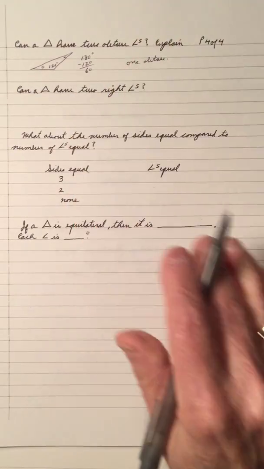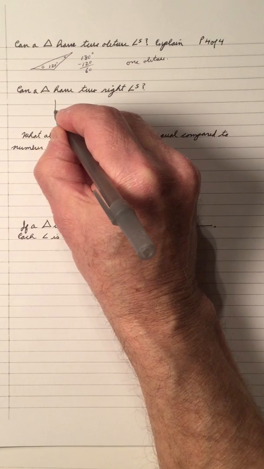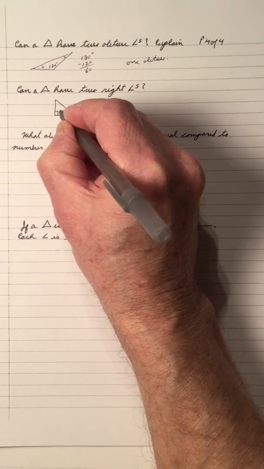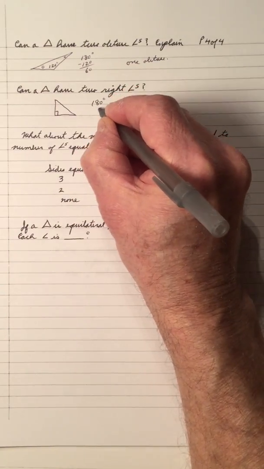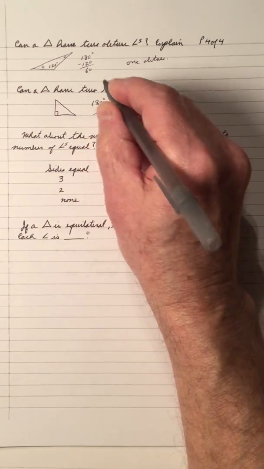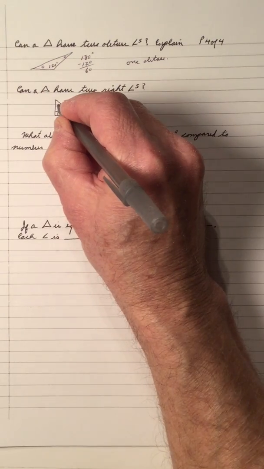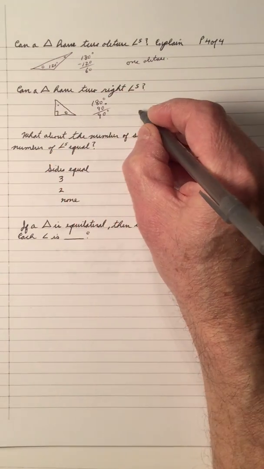And that's the explanation. Can a triangle have two right angles? Well, if you got a right angle, here's a right triangle, make it a right angle right there. That's 90 degrees. So 180, subtract the right angle, which is 90 degrees, you get 90 left. So that means that this angle right here and this one add up to 90.